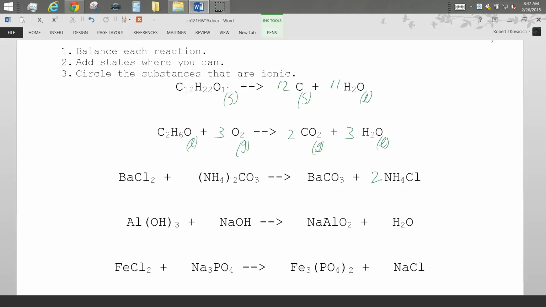It also balanced the chlorides for me, and I'm finished, instead of you counting down to the individual atoms. At some point, maybe it won't work out for you because it's a complex formula. Can you see the carbonates in there as well? The polyatomic ion carbonate? There's 1 CO3 on the left-hand side, there's 1 CO3 on the right-hand side. So the polyatomic ions stayed stuck together, so you can count that as like an object. Balancing, done with that. States?